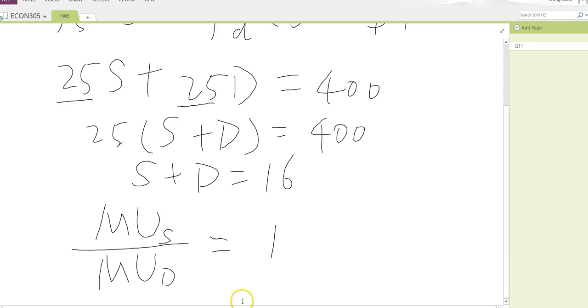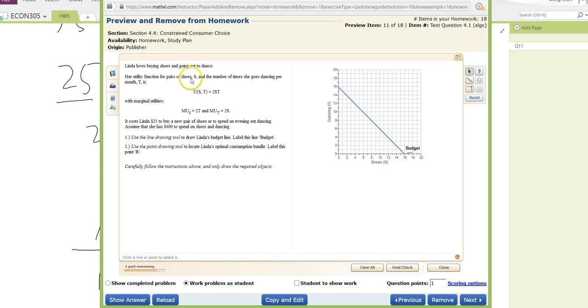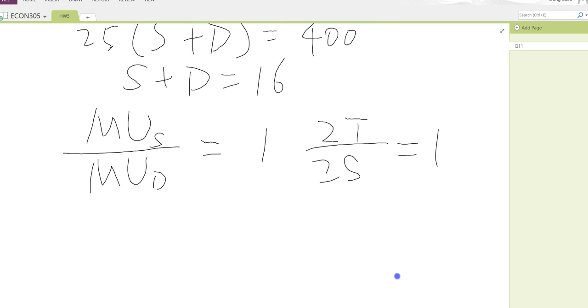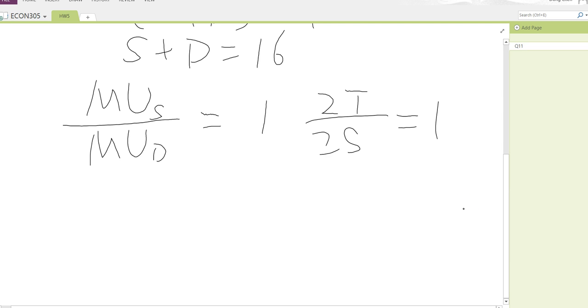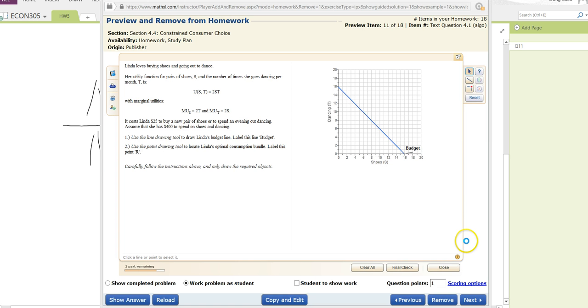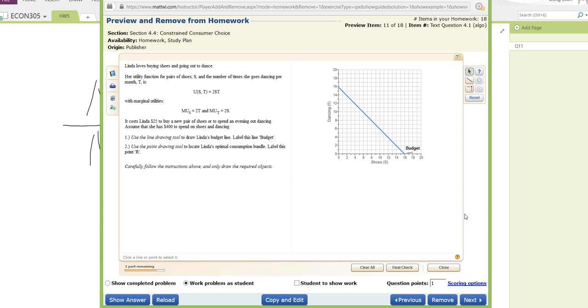And marginal utility of S, if we go back to the setup, is 2 times T, and the marginal utility of T is 2 times S. So now we have 2T over 2S equals 1. The 2 cancels out, so T over S equals 1, and that further gives me T equals S. That means for the optimal consumption bundle, the number of pairs of shoes must equal the number of times Linda goes dancing.